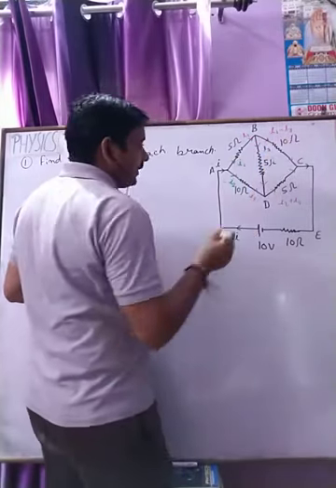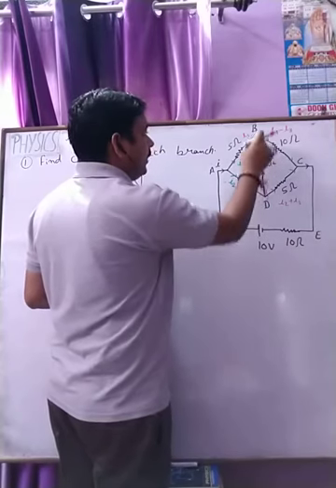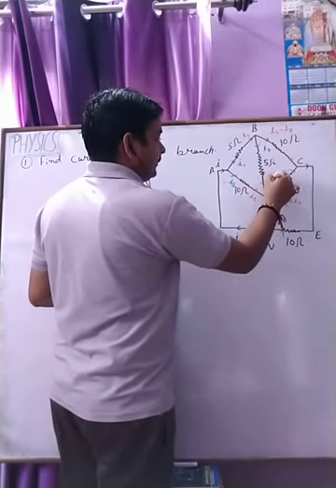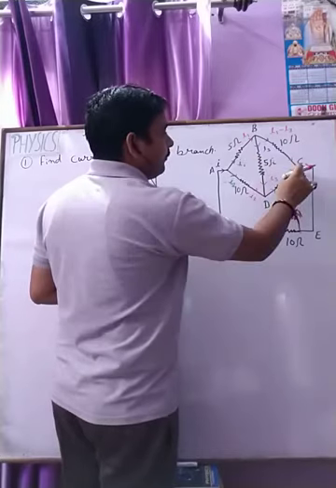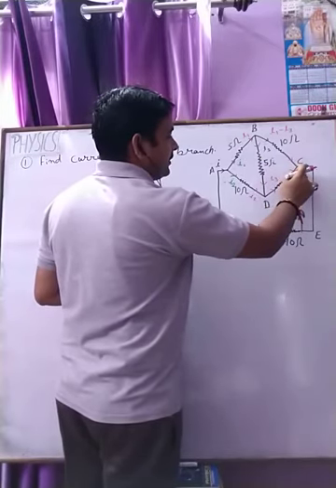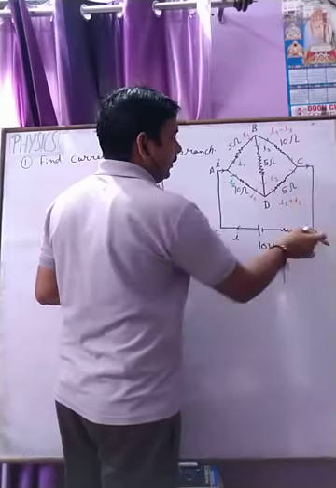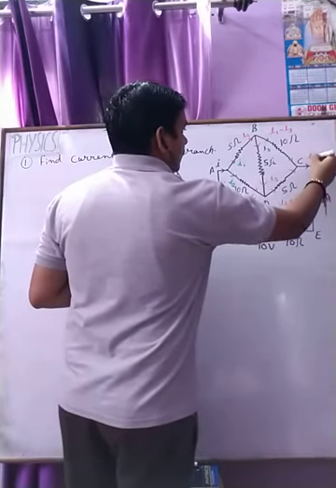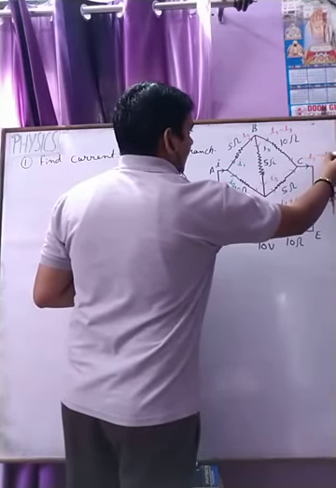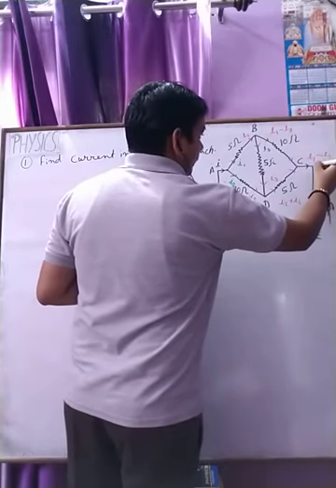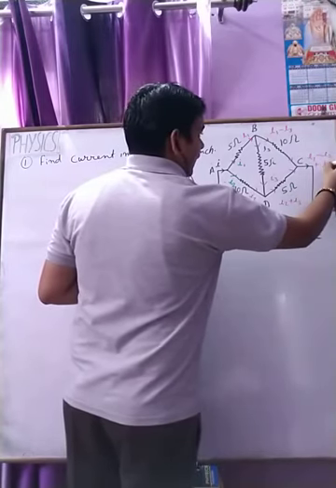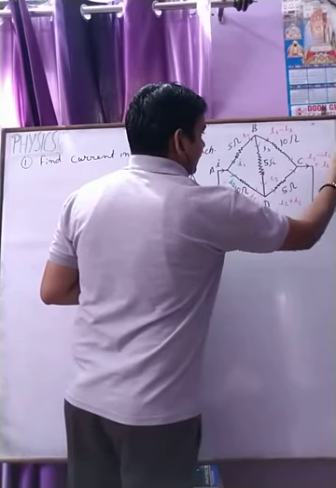When these two currents reach C, first the current D to C is I2 plus I3, because in this branch it is I2 and in this branch it is I3. When both currents reach point C and leave towards E, it is I1 minus I3 plus I2 plus I3.